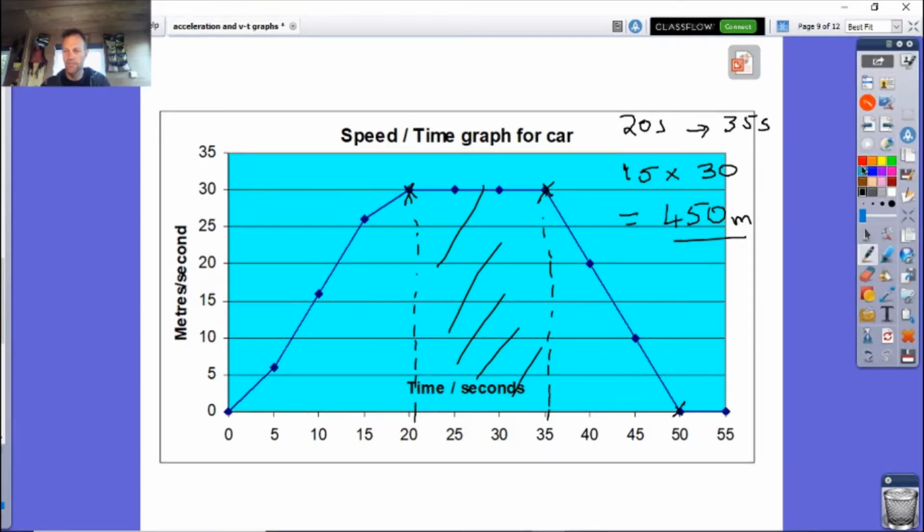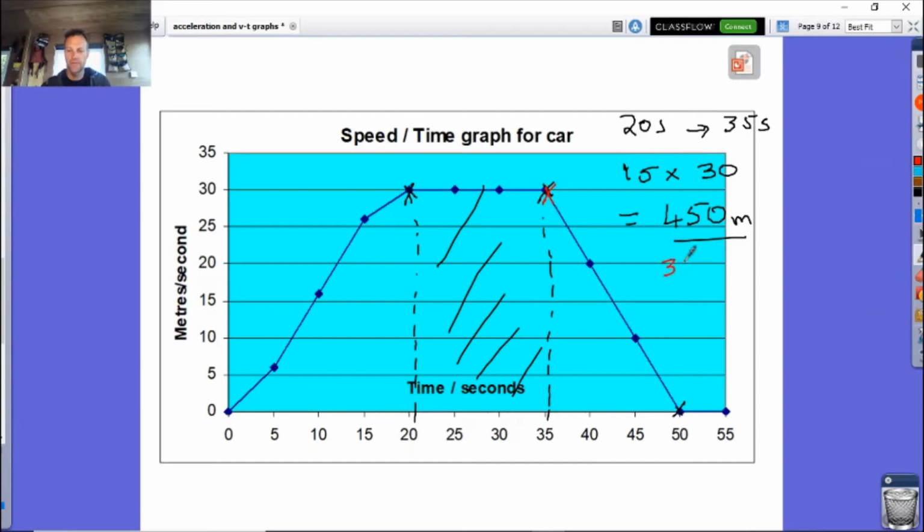Now going to a different color pen. If I say, for example, I now want it from 35 seconds going all the way to 50 seconds. Now what you do, again, find the area underneath that spot here. Now you can see this is going to be a triangle.